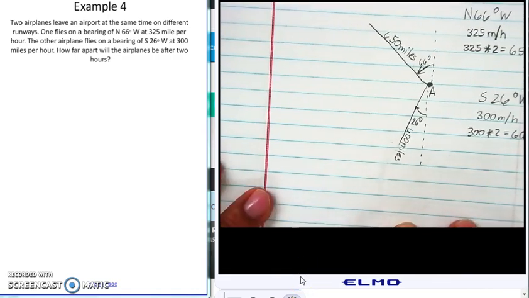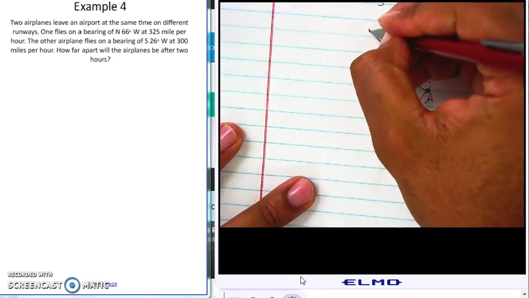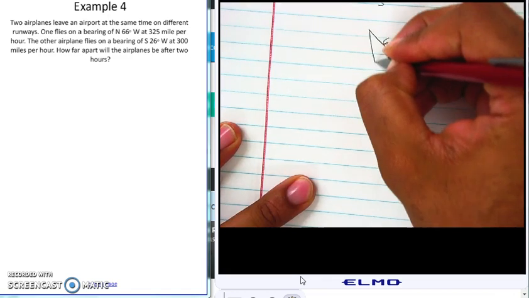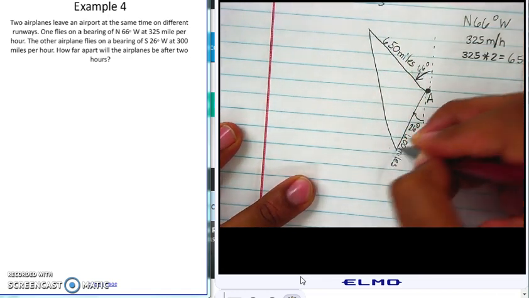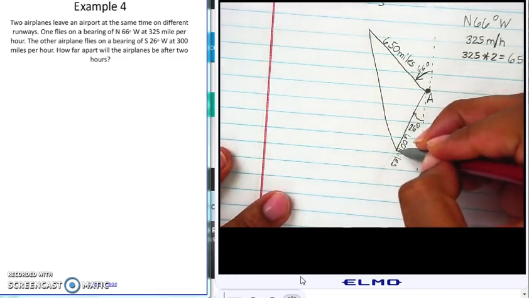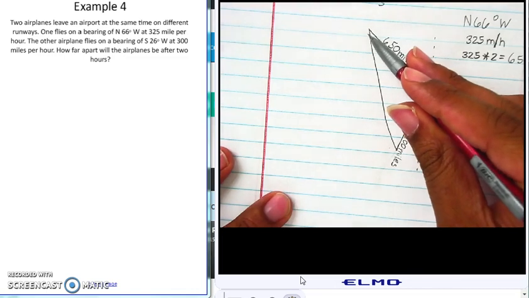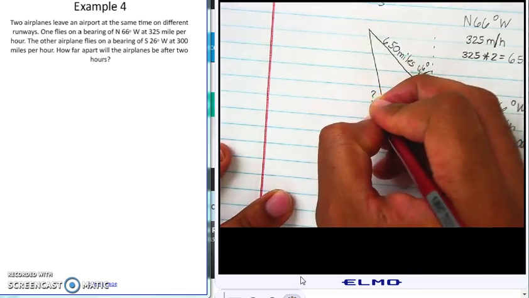Now, it says how far apart are they after 2 hours? So here, we need to figure out how far apart are they. So this is the second airplane, this is the first airplane, and this is how far apart they are. So we need to figure out this side right here.